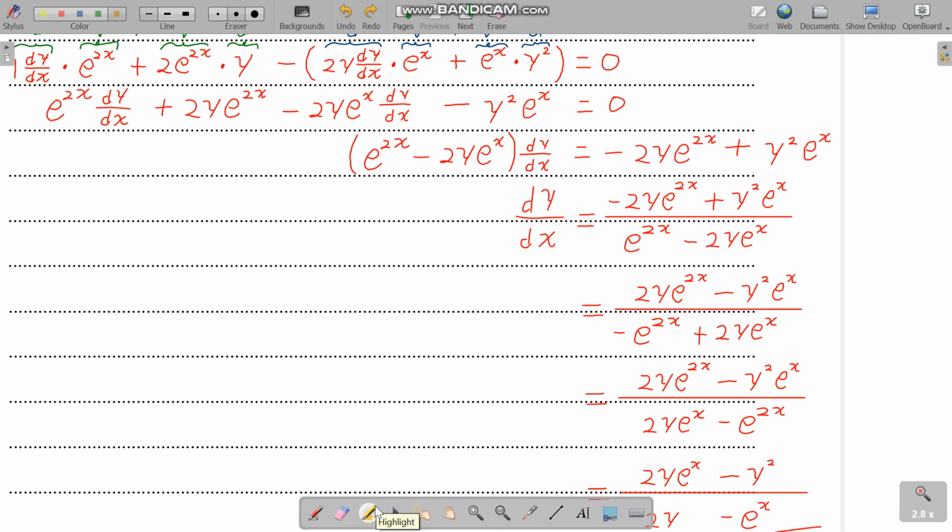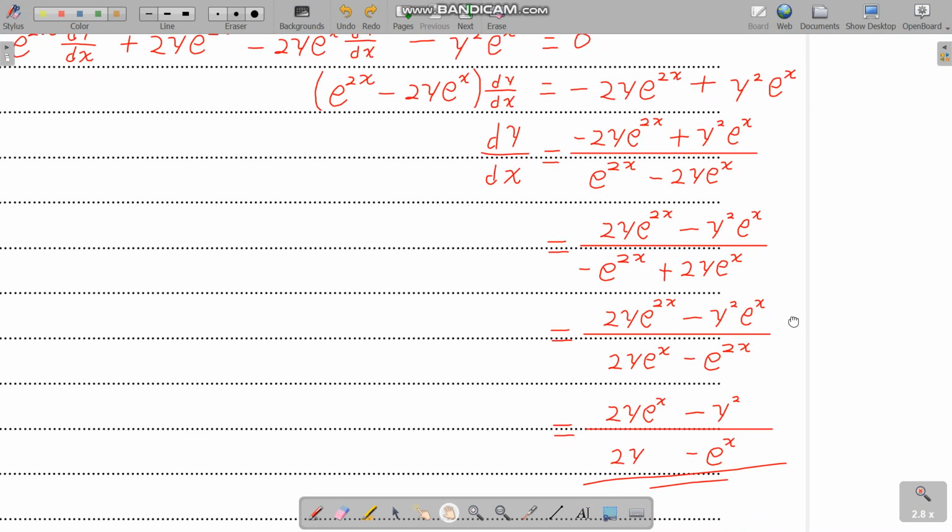Then here we multiply both sides by negative, so negative becomes positive, positive becomes negative, basically. Then we are rearranging a little bit, swapping the order here, and we get this.